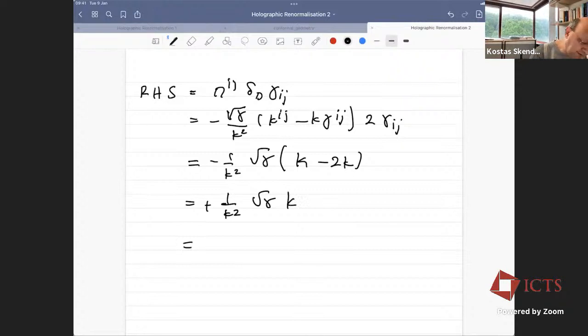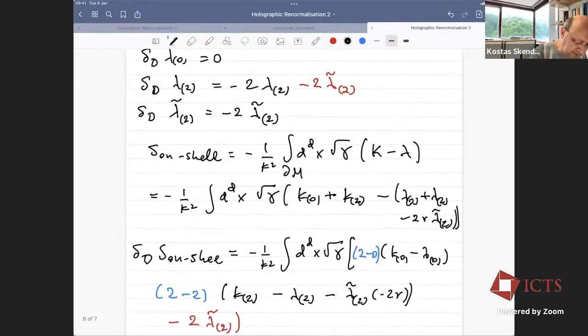And now we know the expansion of this. So this has to match with what we got on the previous page.